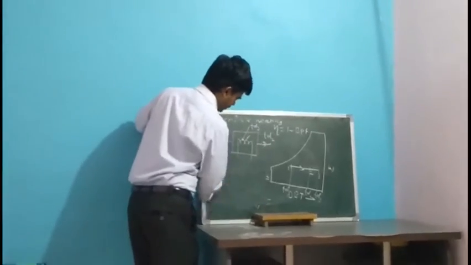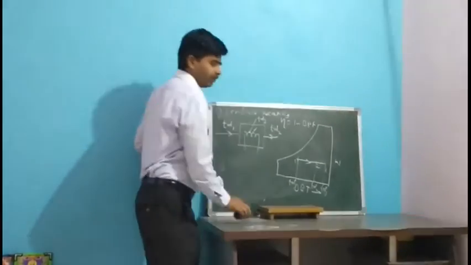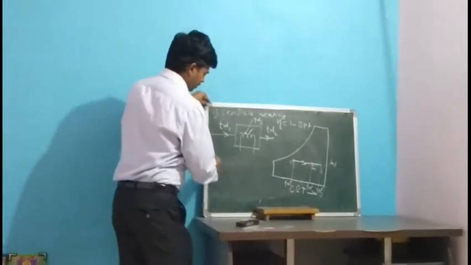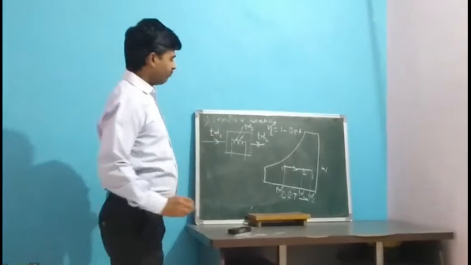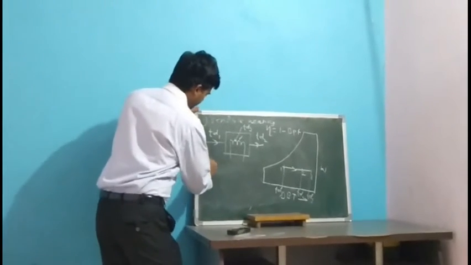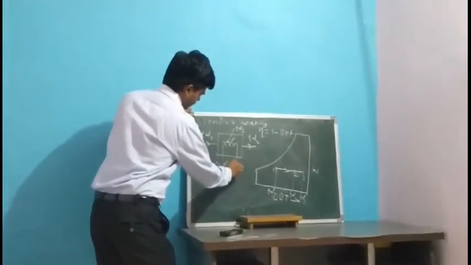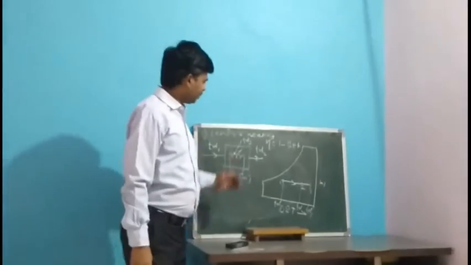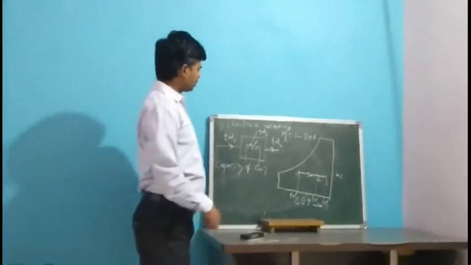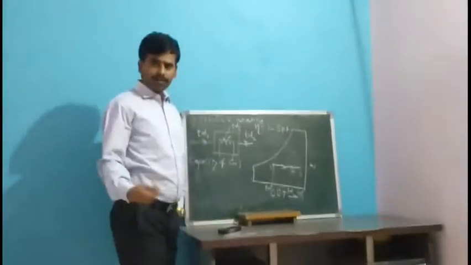Okay, so in this way we can write this equation. Now, as far as the analysis is concerned, it is very important to determine the coil wattage, or we can say the capacity of the heating coil. So for this application, suppose I want to decide the capacity, the wattage, of that coil.